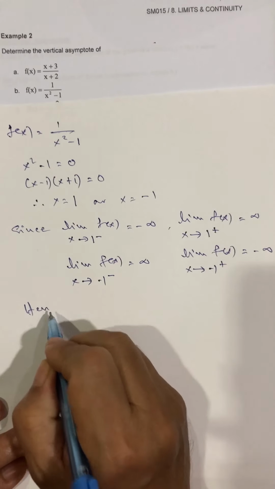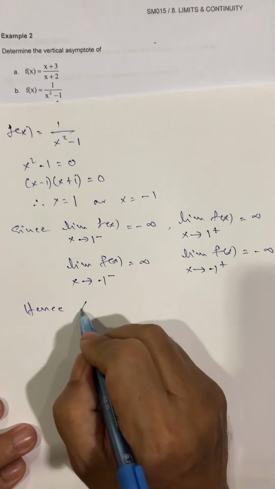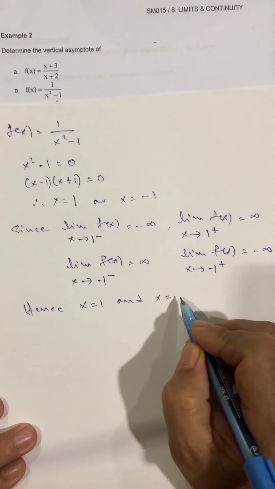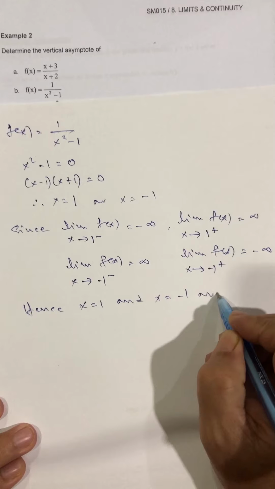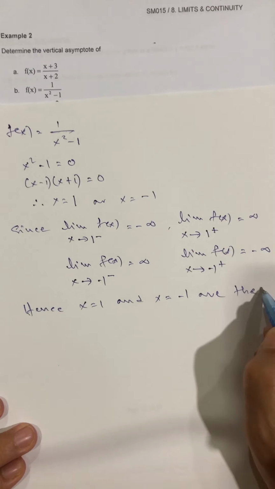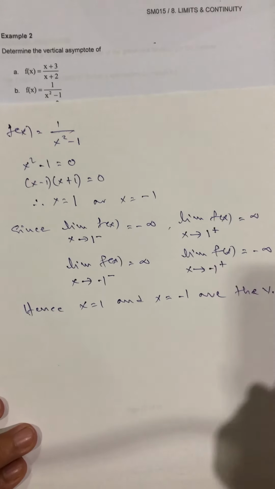Hence, x equal to 1 and x equal to negative 1 are the vertical asymptotes.